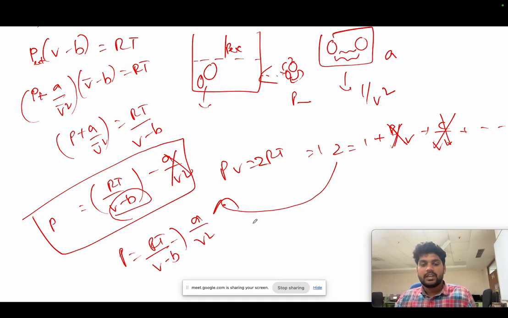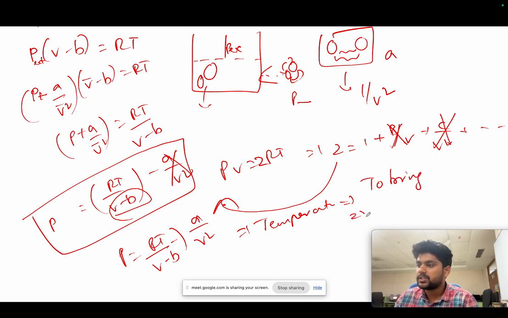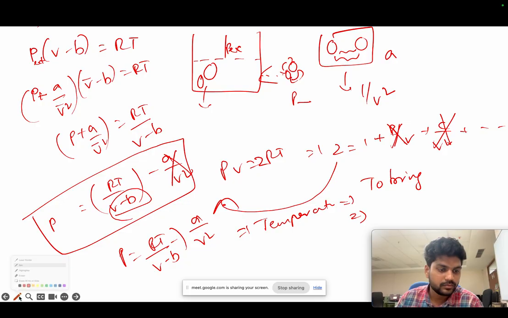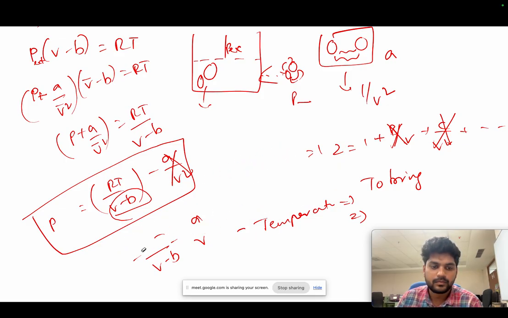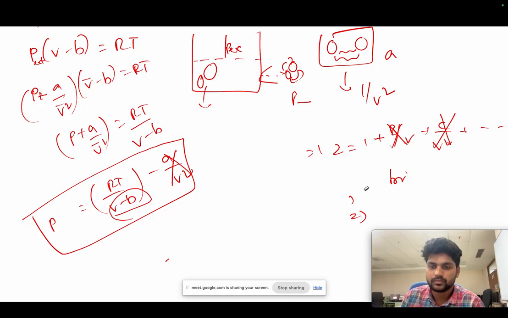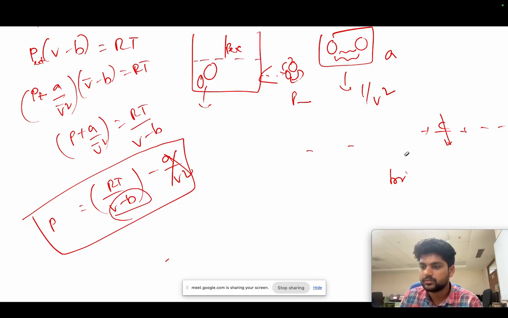Here they didn't consider any effect of temperature. To bring the temperature effect into the system, they gave values.